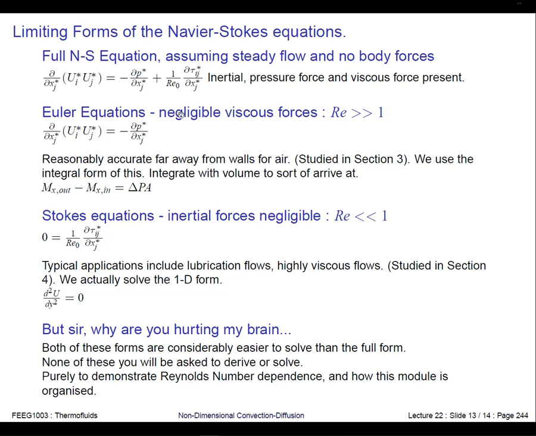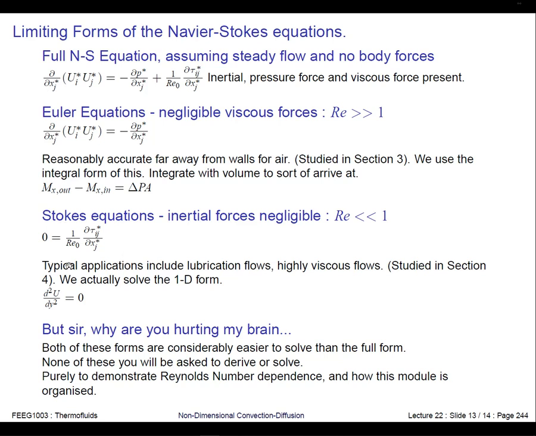Then we say, well, my Reynolds number is tiny, much less than 1, so this term is much bigger than these other two. When we do that, effectively we're solving this equation, which is called the Stokes equations, and it's useful in things like lubrication flows, so the flow of oil around bearings, and applications such as that.